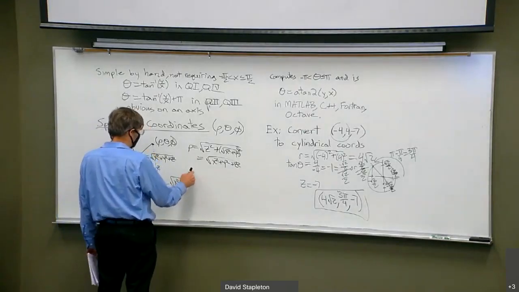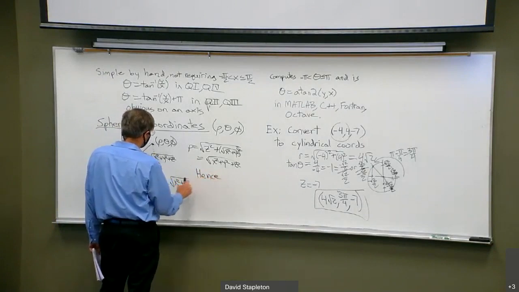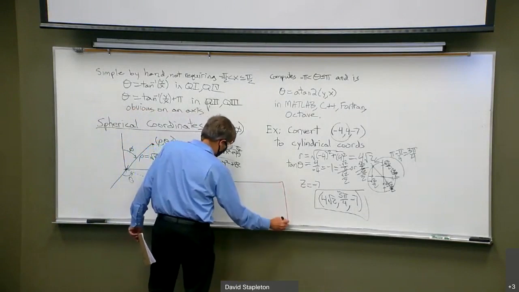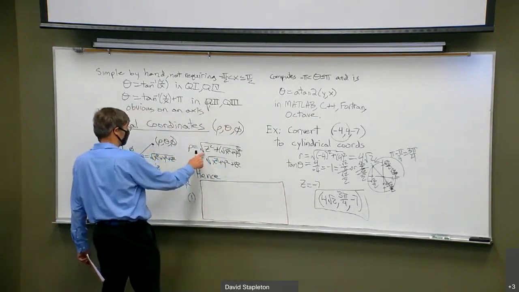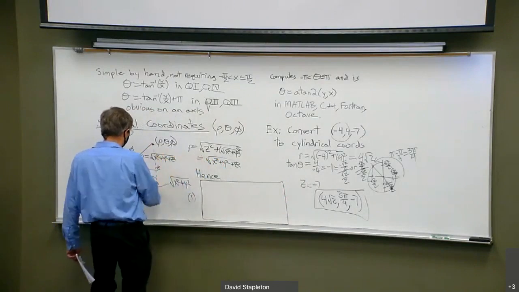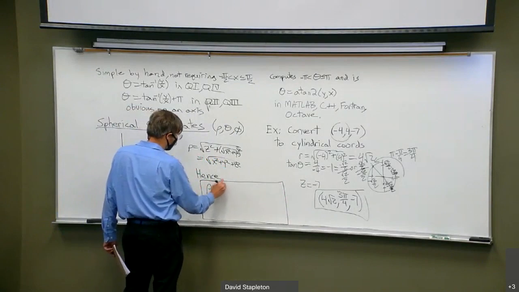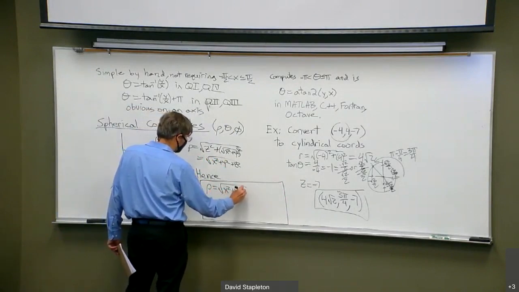Now, what we've found is these conversions, if we're given rectangular coordinates x, y, z. We deduced from the Pythagorean theorem for this right triangle that rho is the square root of x squared plus y squared plus z squared. It's never negative.